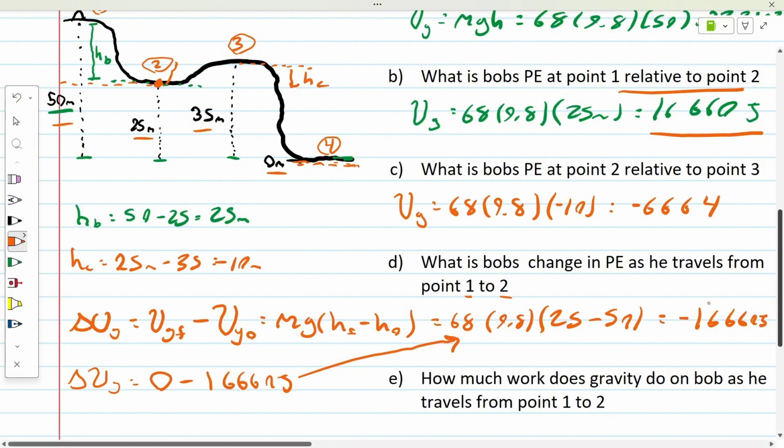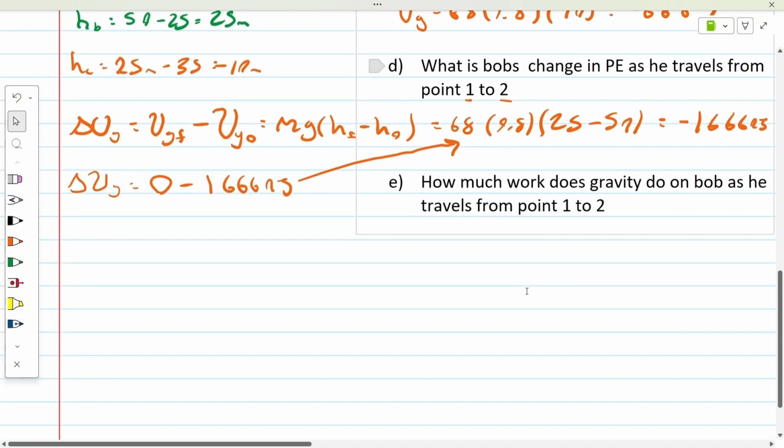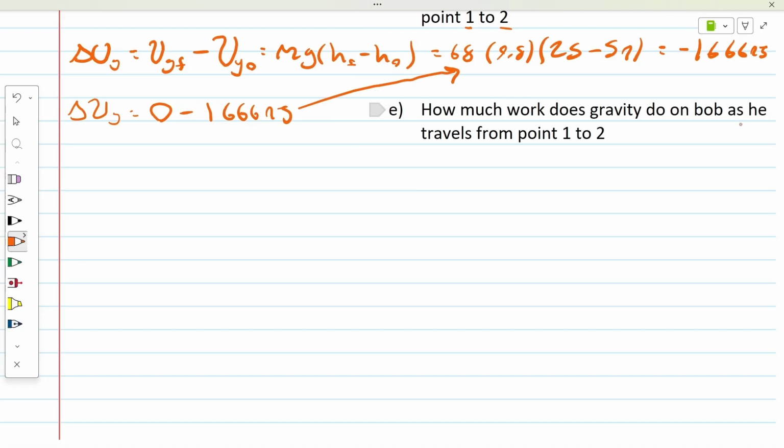So now let's do this last problem here. How much work does gravity do on Bob as he travels from point 1 to point 2? If we wanted to solve this using our normal work equation, work equals force times distance, we can do this because the force acting on Bob by gravity is just Fg times the distance.